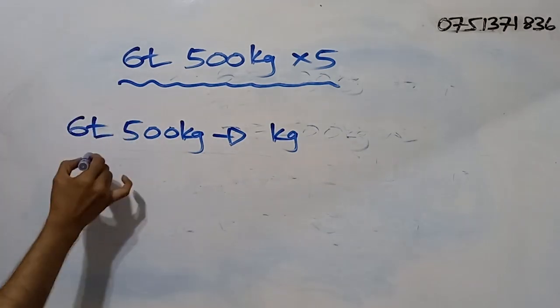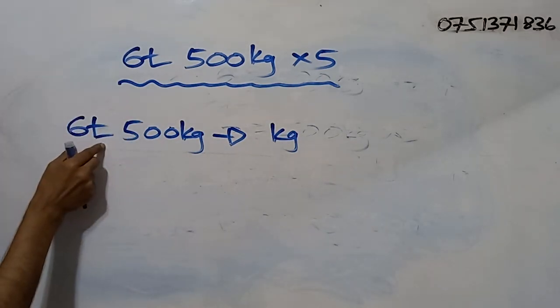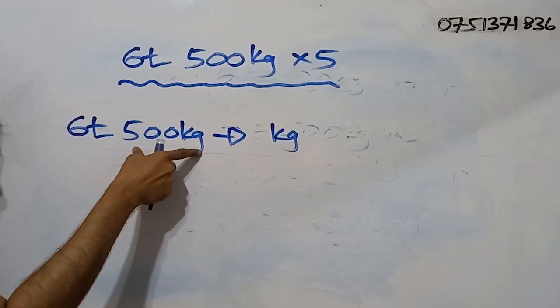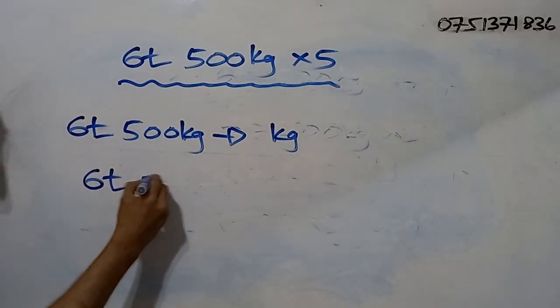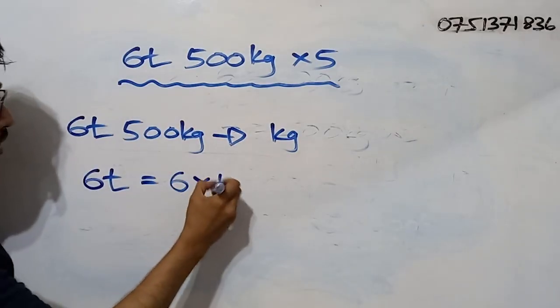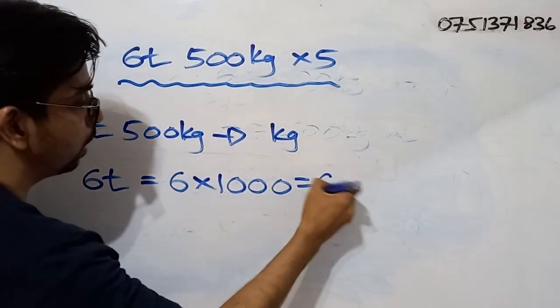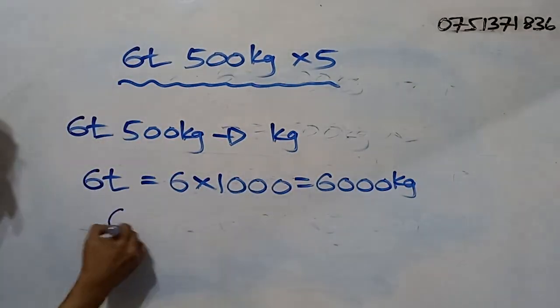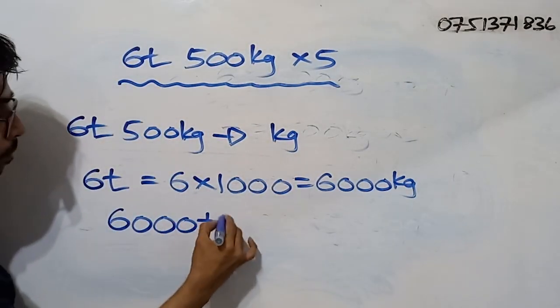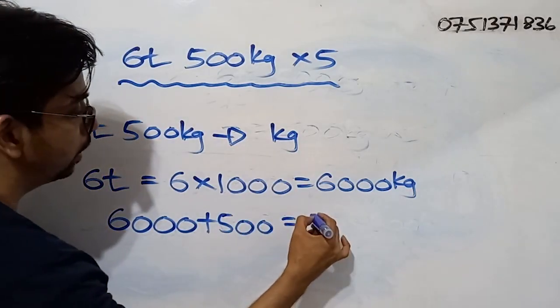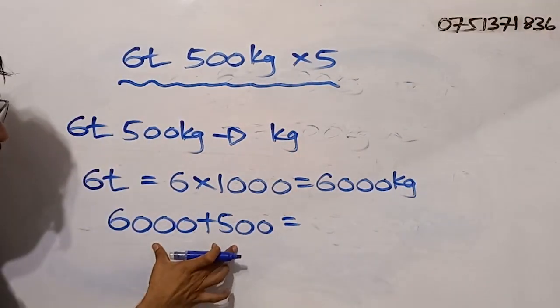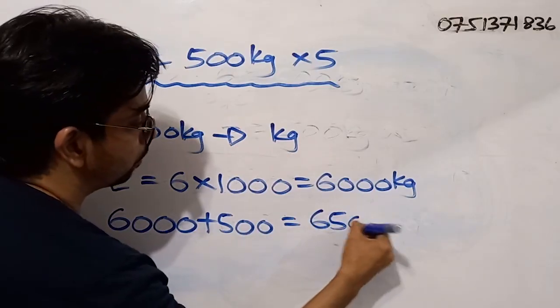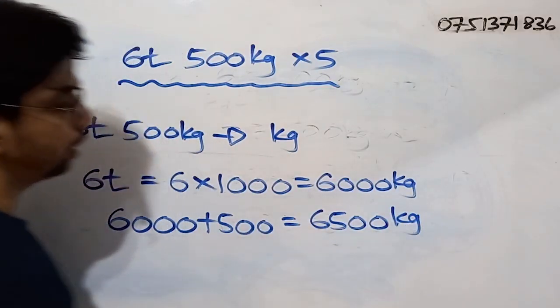We only need to convert this 6 tons. Right? 500 kilograms is already given to us in kilograms, no? So 6 tons, what is that in kilograms? 6 into 1000. So it will be 6000 kilograms. To that, what do we need to add? 500. So both of these are kilograms. So we get what? 6500 kilograms.